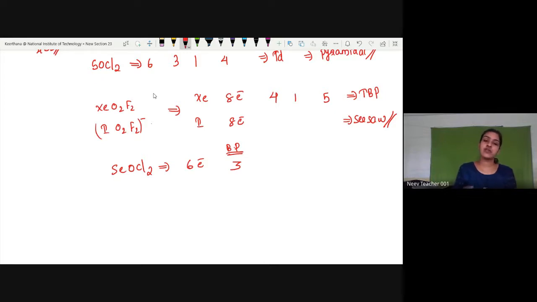And for the formation of 1 double bond with oxygen, it is using 2 electrons. So total 4 electrons are used for the formation of 3 bond pairs. So the rest 2 electrons, so the lone pair is equal to 1. So total electron pair is 4. So the geometry is tetrahedral, and the shape is trigonal pyramidal.